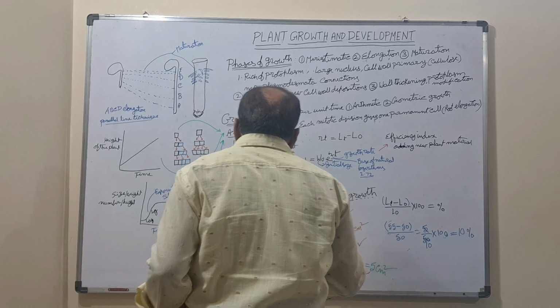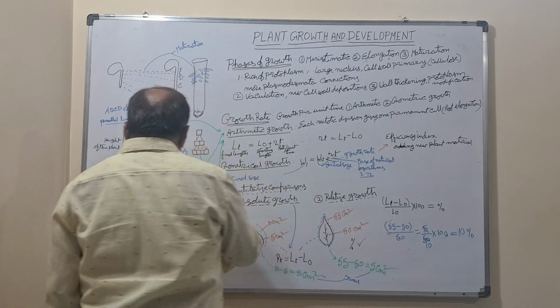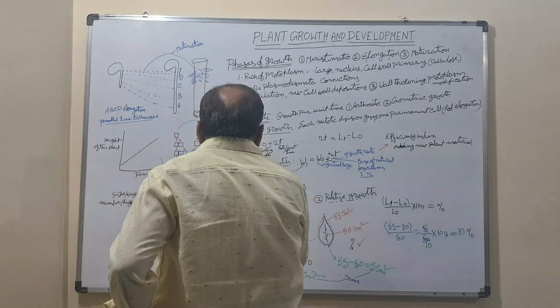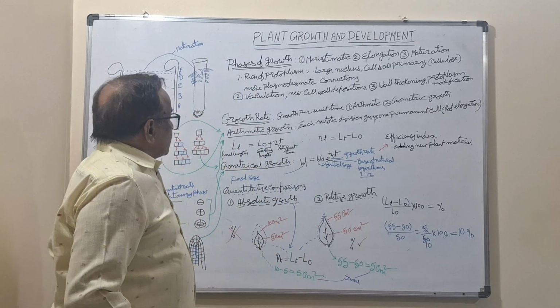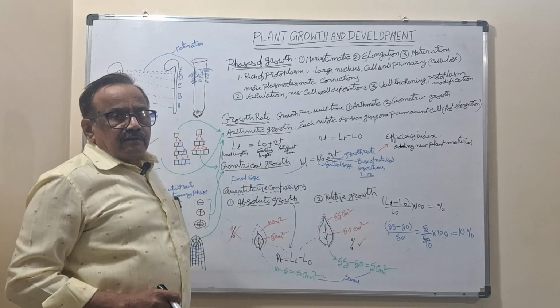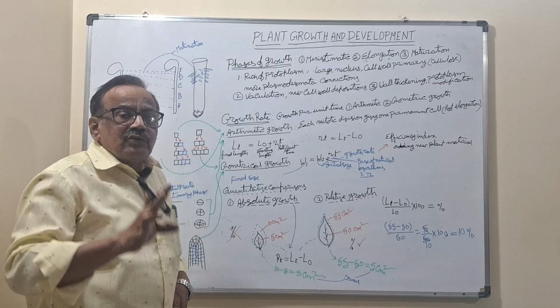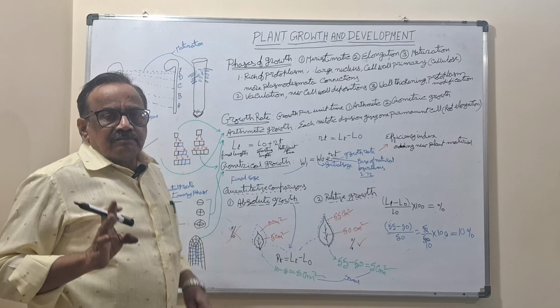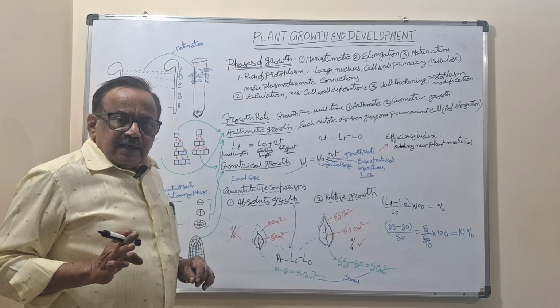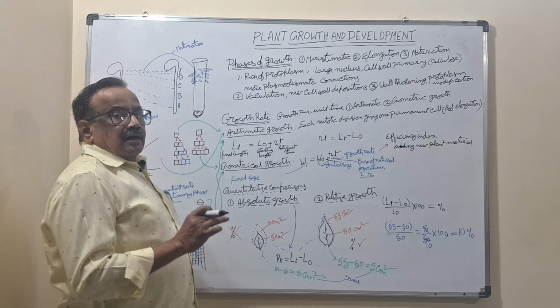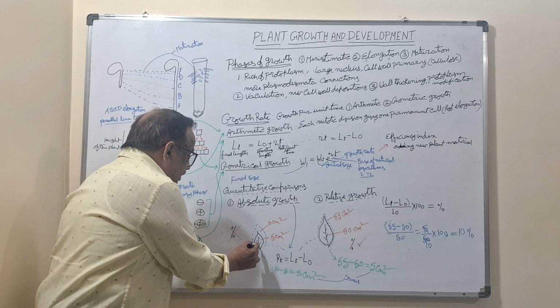Now we'll see, whenever we are seeing quantitative comparison in the growth rate, only quantitative. Quantitative comparison means how much quantity it is producing per unit time. Here some small leaf is there.